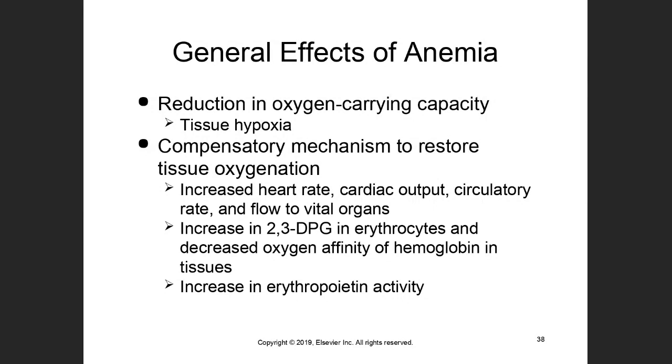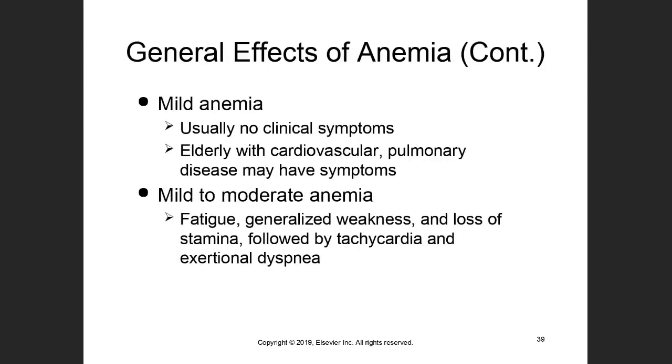Okay, reduction in oxygen carrying capacity, tissue hypoxia, compensatory mechanism to restore tissue oxygen, increase heart rate, cardiac output. Of course, you are lacking oxygen, so your heart starts pumping really fast. Okay, increase in 2,3-DPG and increase in erythropoietin activity to make more blood.